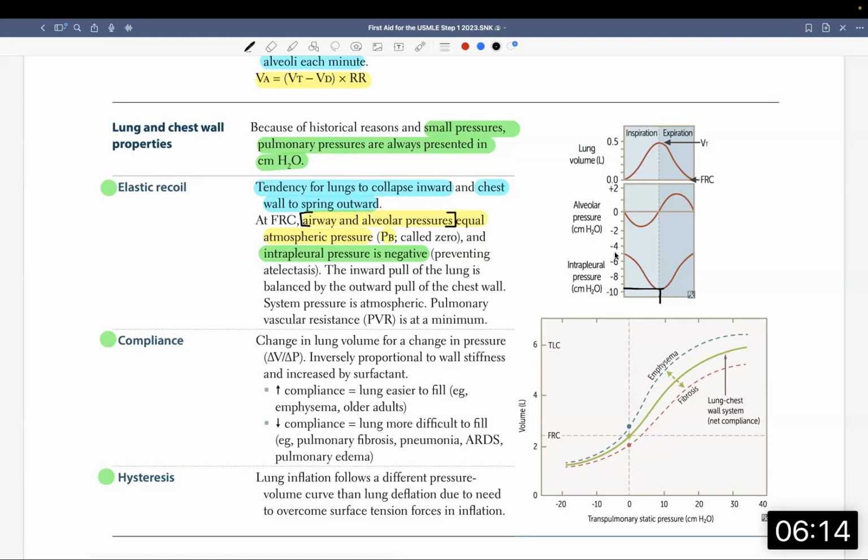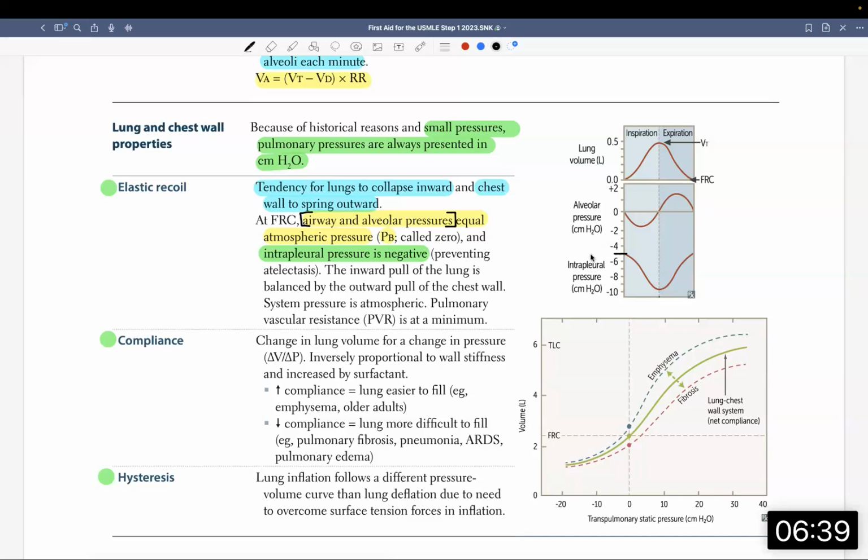It varies between -5 and -10. It will always remain negative, but it can become less negative or more negative. They use these words and confuse us, but it will still always be a negative value, a suction pressure.